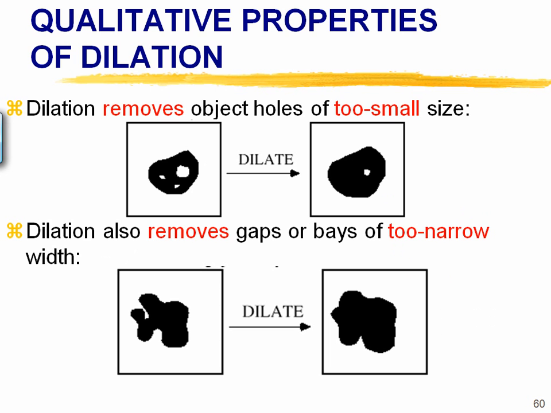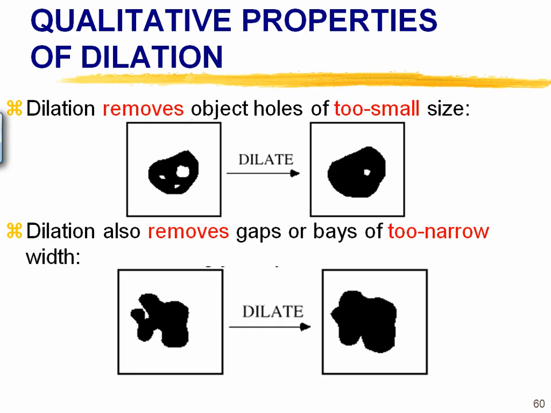So in general, if you want to think of the qualitative aspects of these operations, dilation will always remove object holes that are very small in size, because the holes get filled and objects get larger. Dilation will also remove gaps, because if the gaps are narrow, they will get filled as your object increases in size.